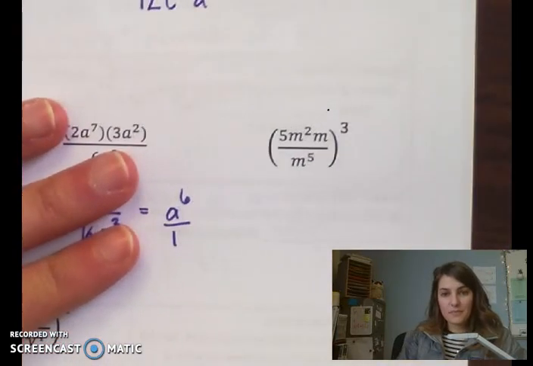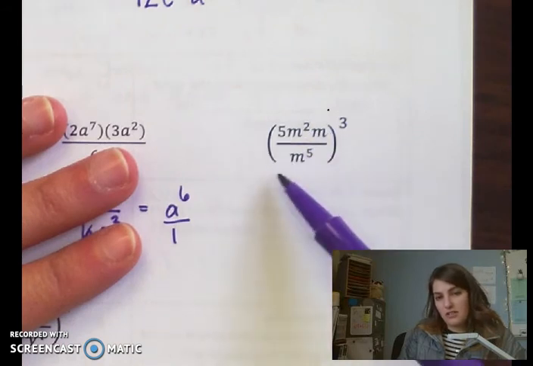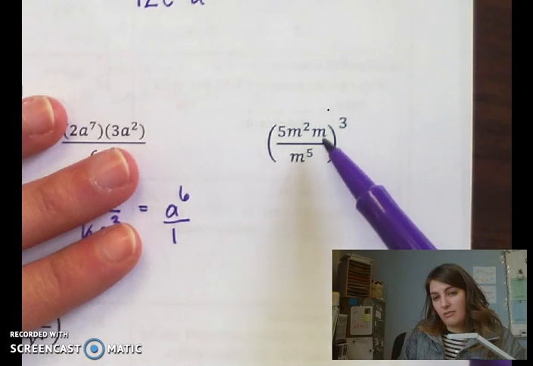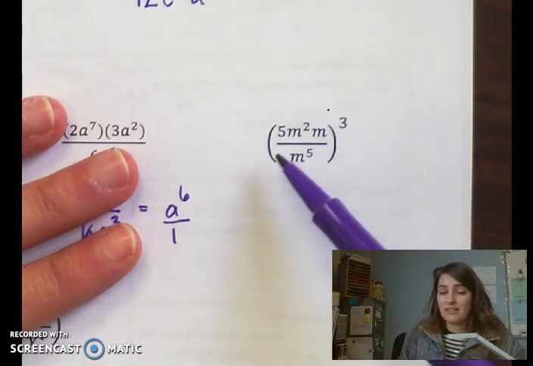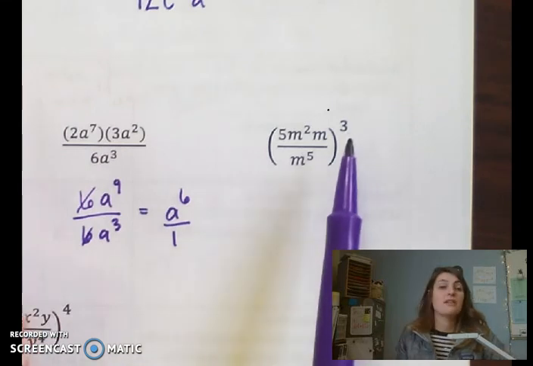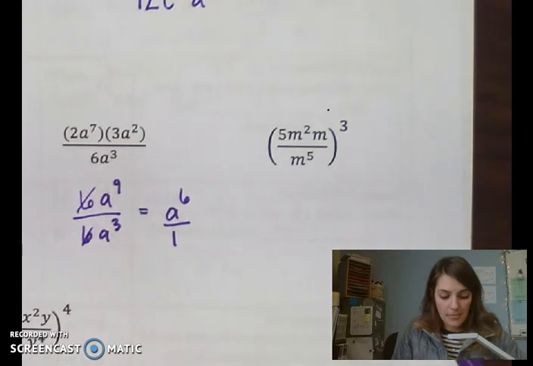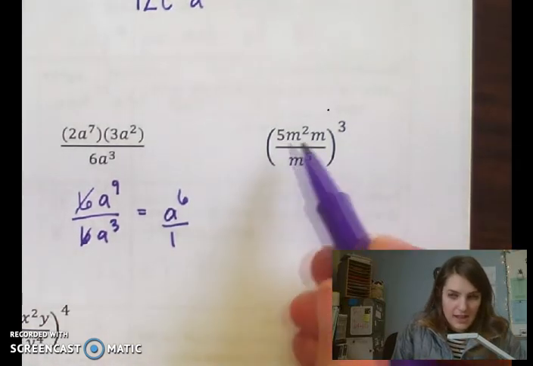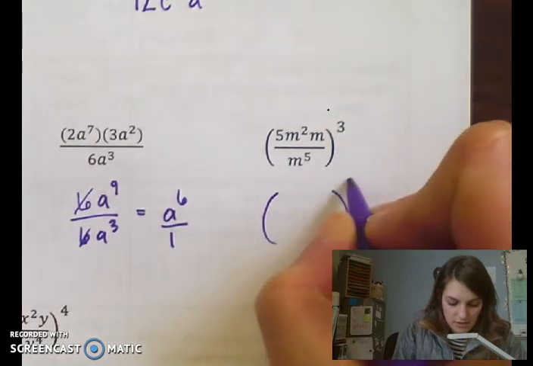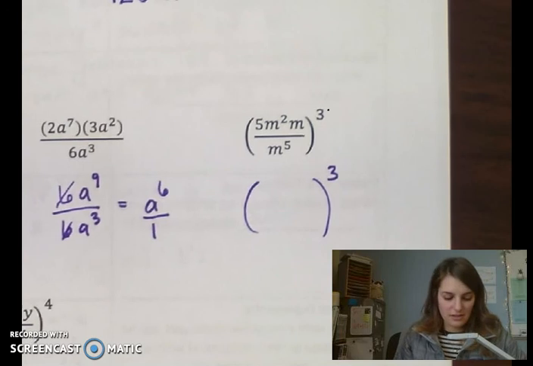Okay. When you have a big fraction raised to a power, it's really helpful if you clean up and simplify on the inside before you do the cubing, because then you can have your numbers get smaller before you cube them. So I see I have a lot of powers of m's here, so I'm going to leave the cube for now and just clean up the inside of the parentheses a little bit.